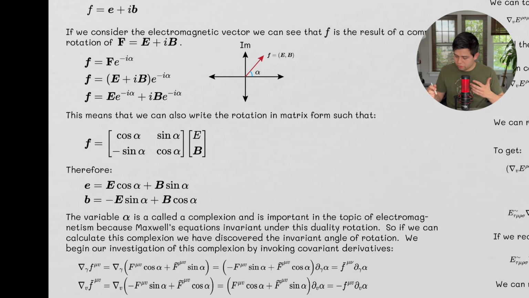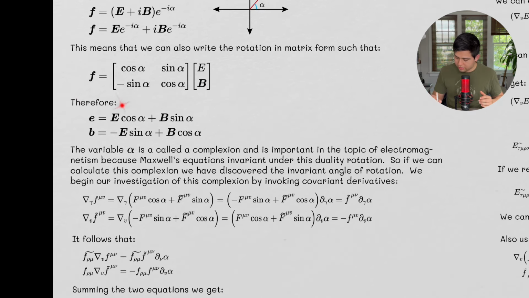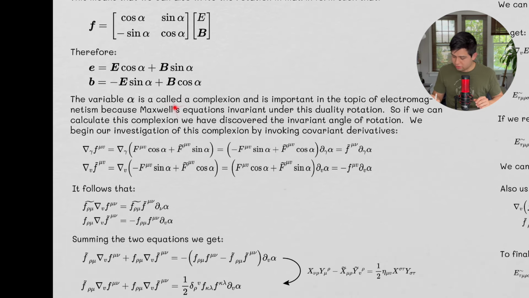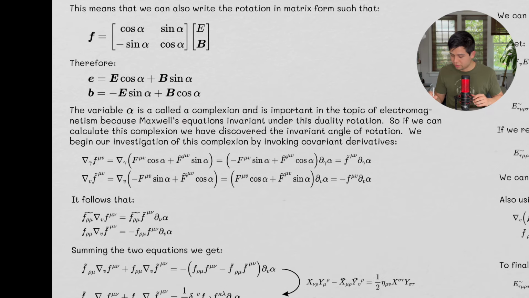So this means that we can rewrite this as a rotation matrix, where we have this rotation matrix inside the imaginary plane, and we're rotating the original electric and magnetic vectors. And so therefore we get something that looks like this. And the variable alpha, as I mentioned, is called the complexion. It's important in the topic of electromagnetism because Maxwell's equations are invariant under this type of duality rotation.